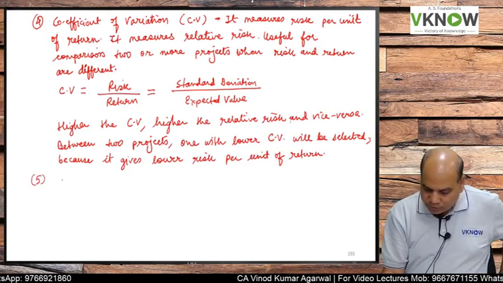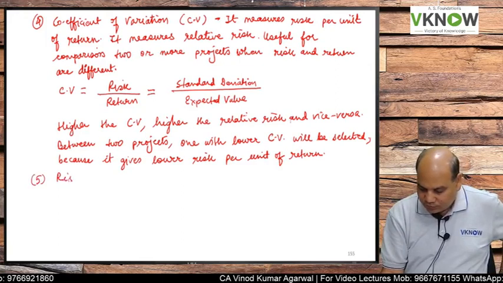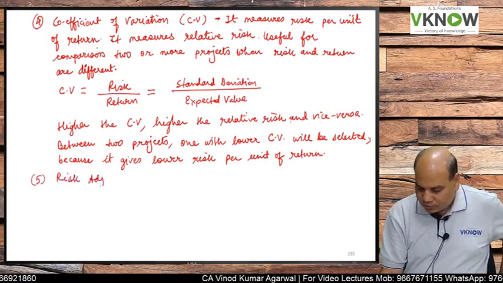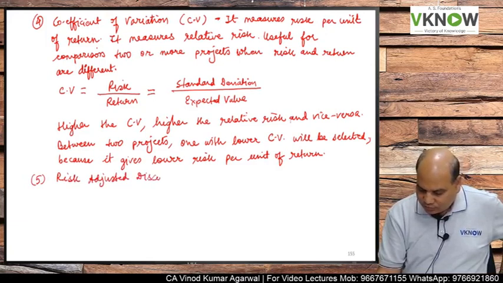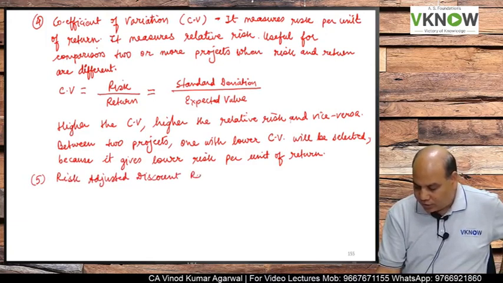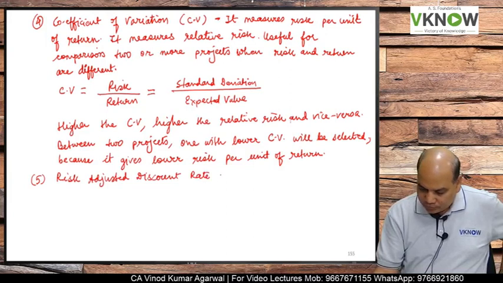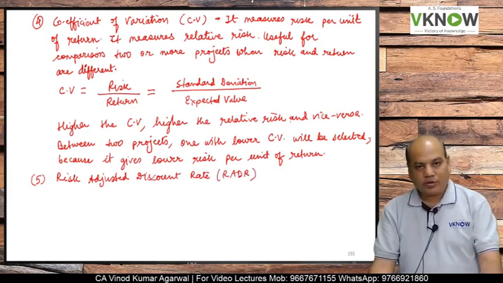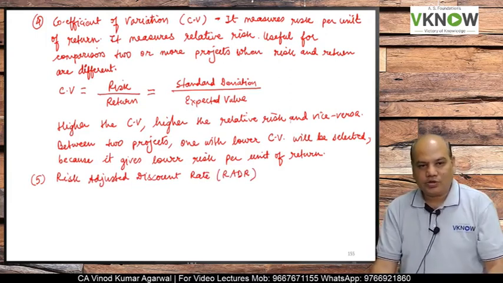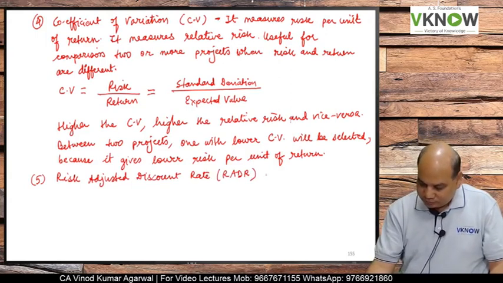The fifth concept in this chapter is called risk adjusted discount rate, RADR. Risk adjusted discount rate is in short called RADR.